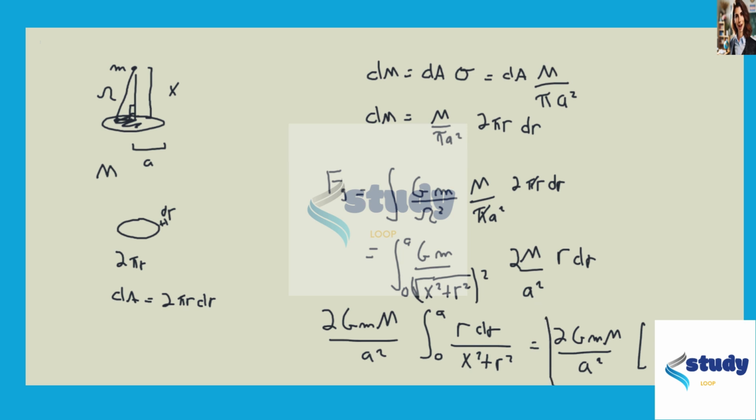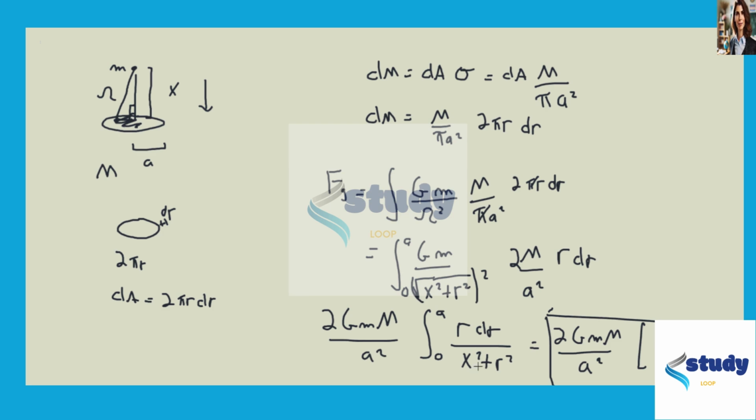So that is our force. And this will be straight in the downward direction for the force being applied on the little mass. So by symmetry, there's going to be no force in the horizontal direction.